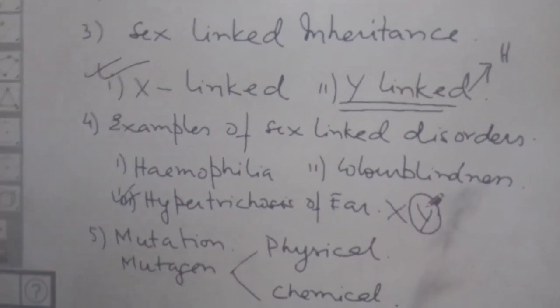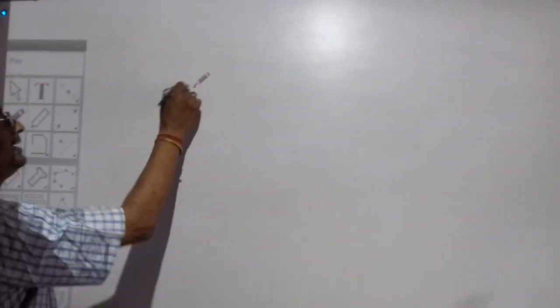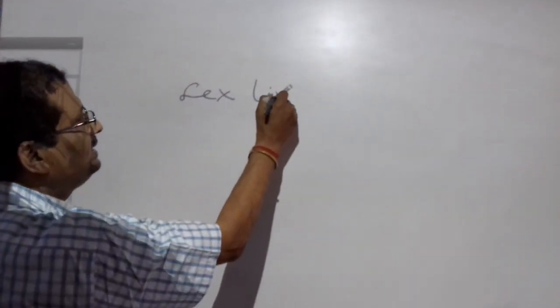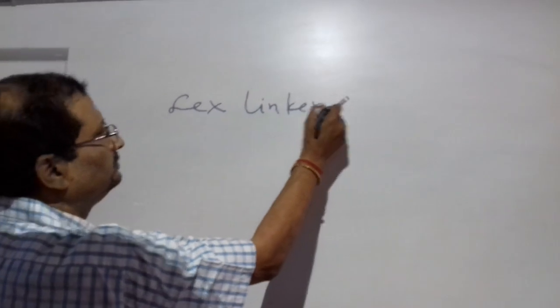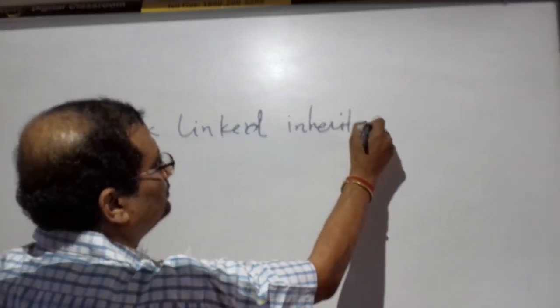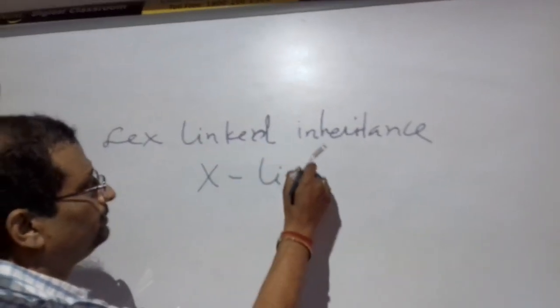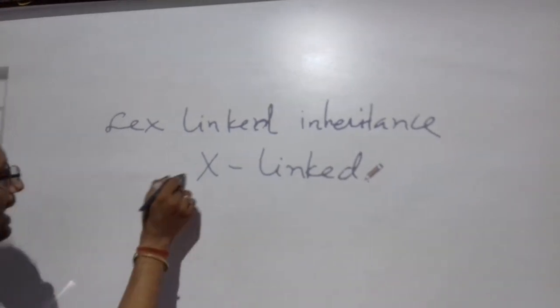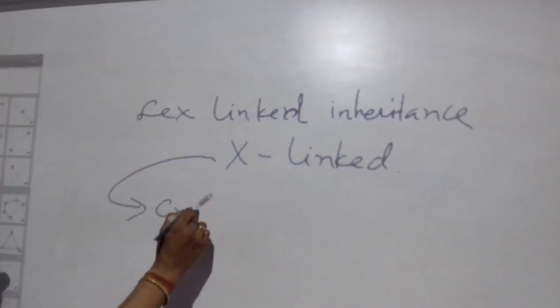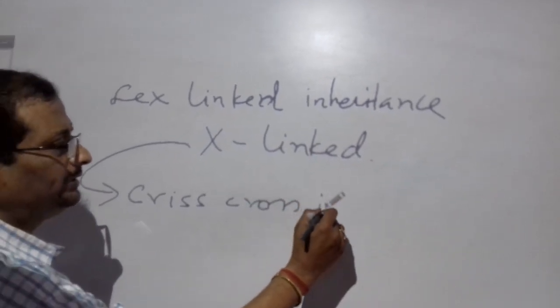Now one thing that we have to know here, that in case of sex-linked inheritance, particularly which is X-linked, we have a type of inheritance which is called a crisscross inheritance.